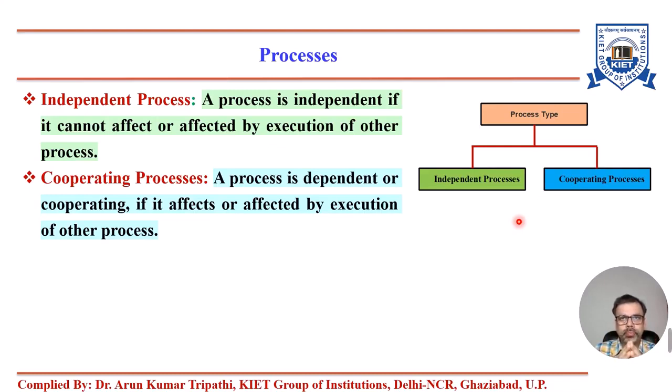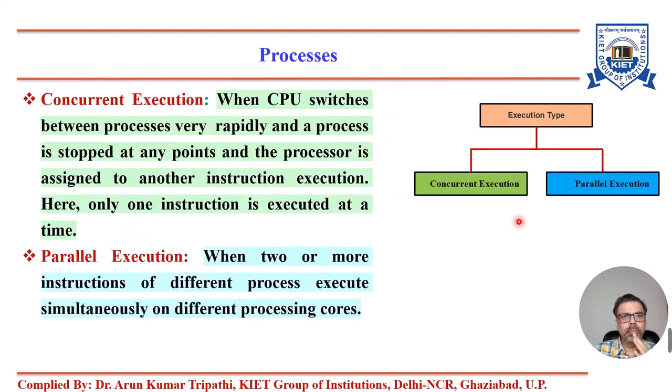For example, if I am executing a C program of Fibonacci and a C program of factorial, both are independent, they are not sharing any variables. Cooperating processes are those which share something, meaning there is a transfer of some data from one process to another process, so those processes are known as cooperating processes.